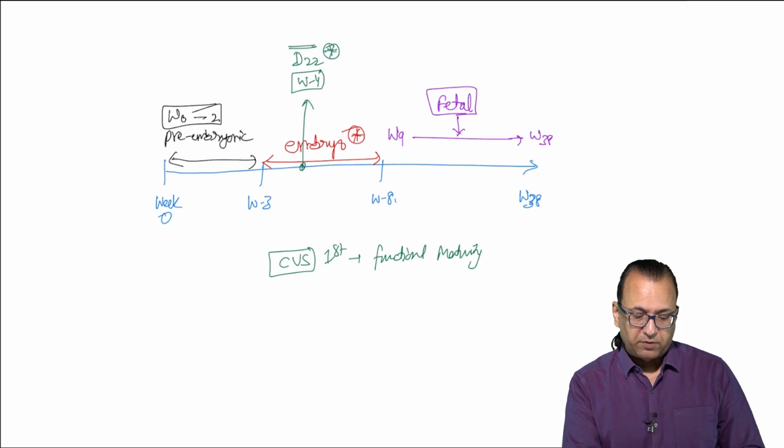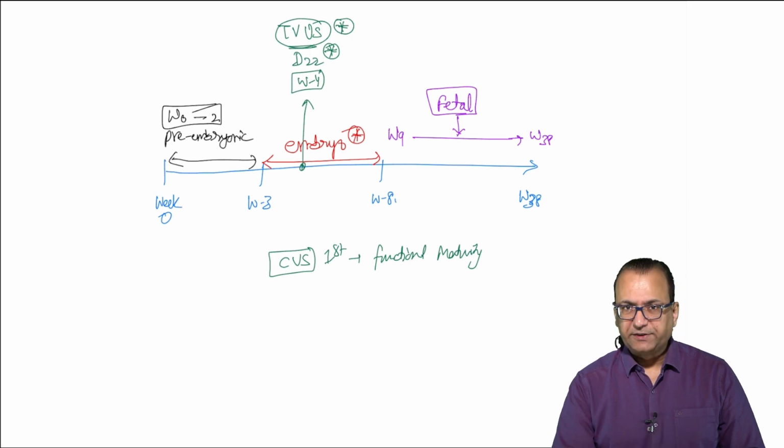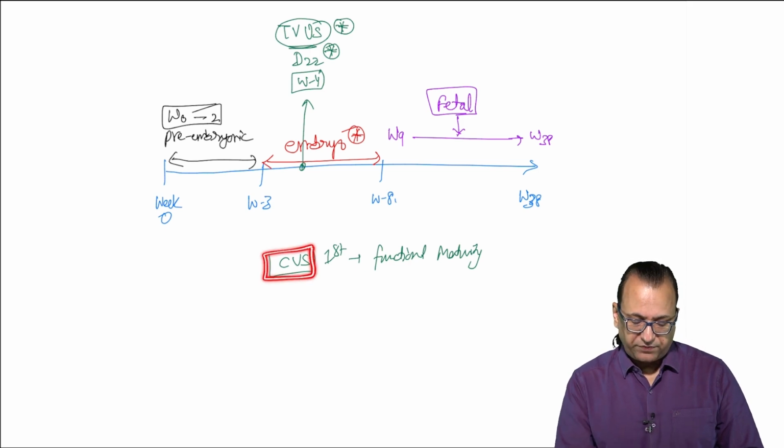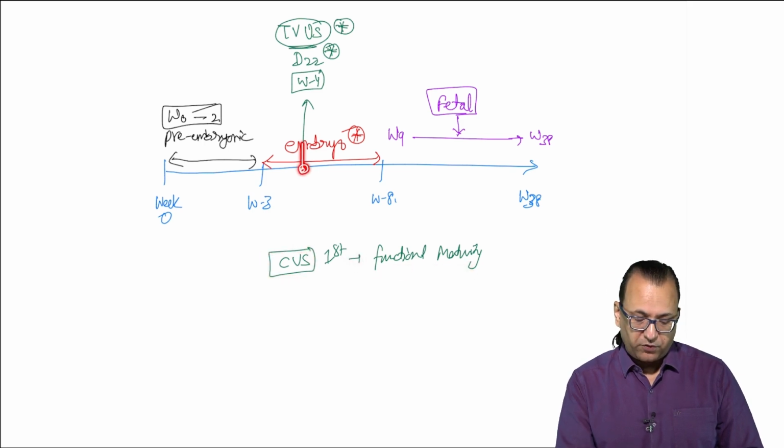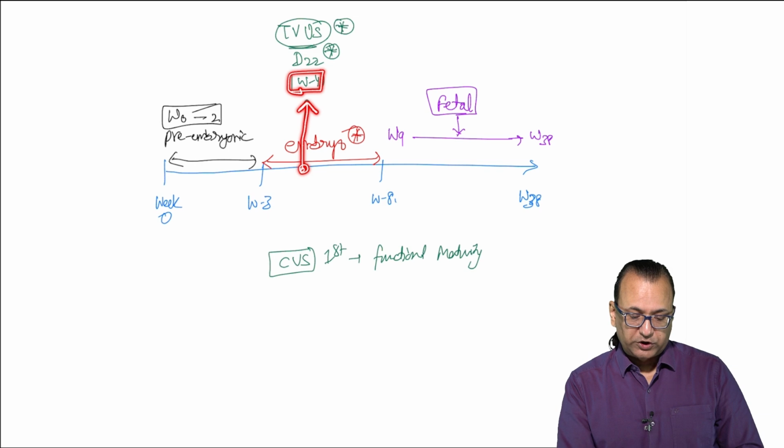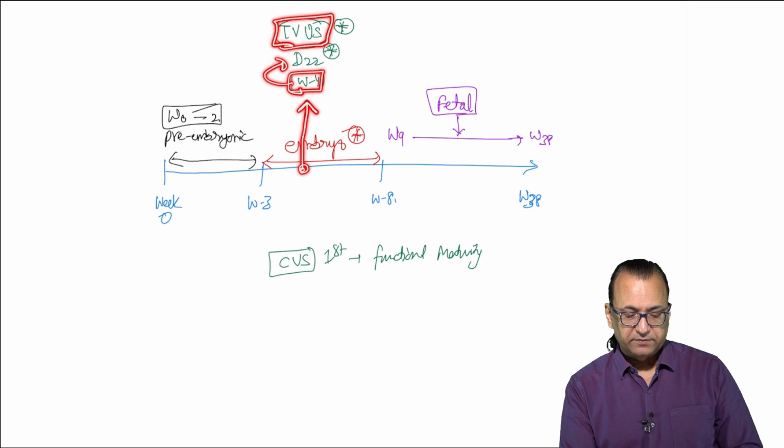You can detect that by transvaginal ultrasonography. So, to revise, CVS is the first system which gains functional maturity as early as week number 4. More specifically, on day number 22 the heartbeat begins, and you can detect the heartbeat by doing transvaginal ultrasonography.